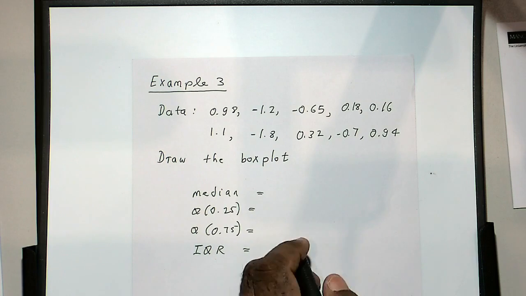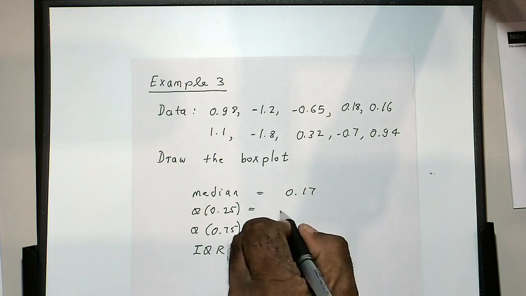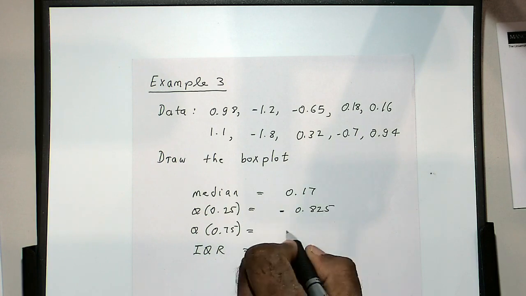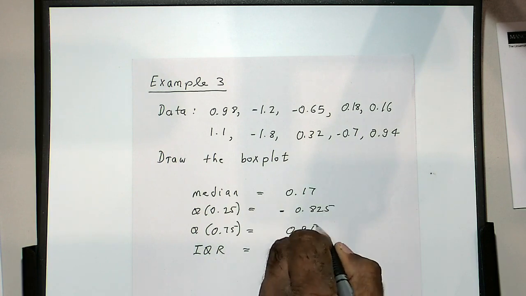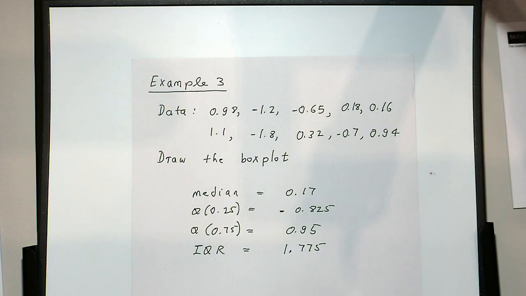I'm sure you can verify them when you have time. But let me write down what the answers are. These are the numbers that you will get if you work out these 4 things, right?